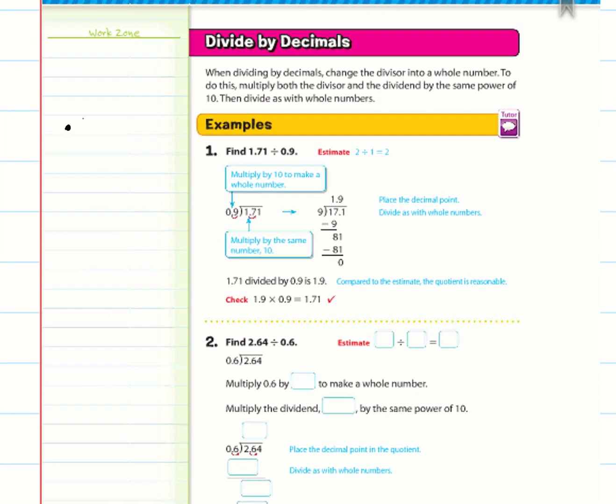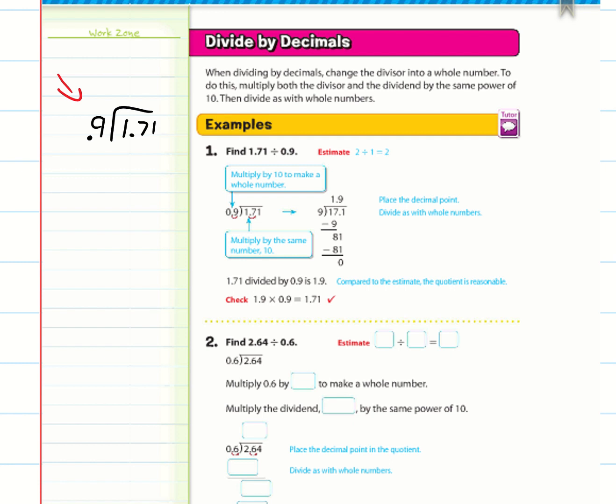The dividend is 1 and 71/100, and the divisor is 9/10. We need the divisor to be a whole number.